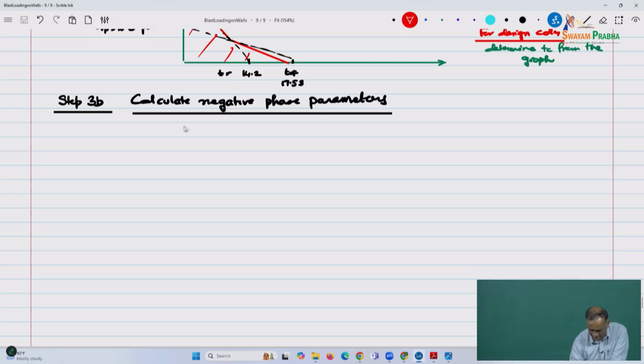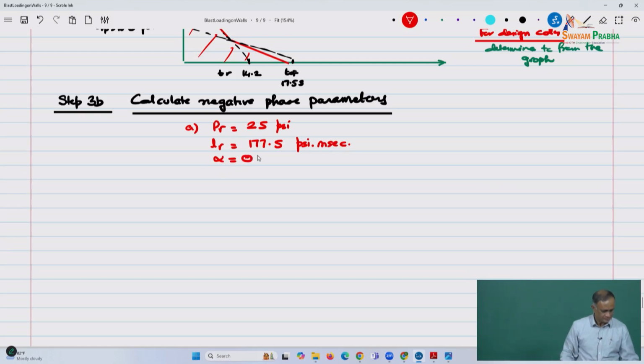So for the negative phase parameters, what you need is PR is 25 psi and IR is 177.5 psi millisecond, and alpha is equal to 0. Now for the negative phase, it's a little interesting.